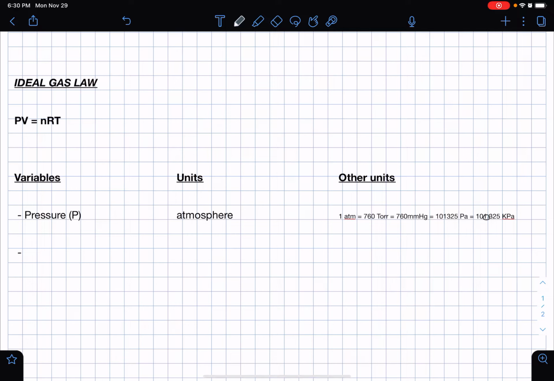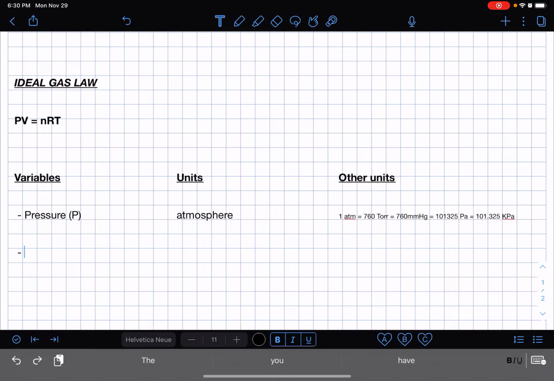Kilopascal has a decimal in between the 3 digits beside it. Pascal has the entire number by itself. That's just a suggestion in terms of how you could memorize the units equivalent to 1 atmosphere. You can also improvise on your own technique.